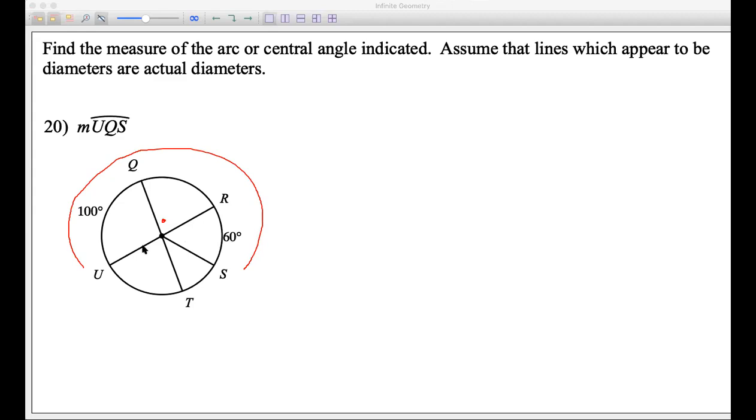UR is a straight line. So that's 80. Therefore, the answer is, grab your calculator. It is 240.